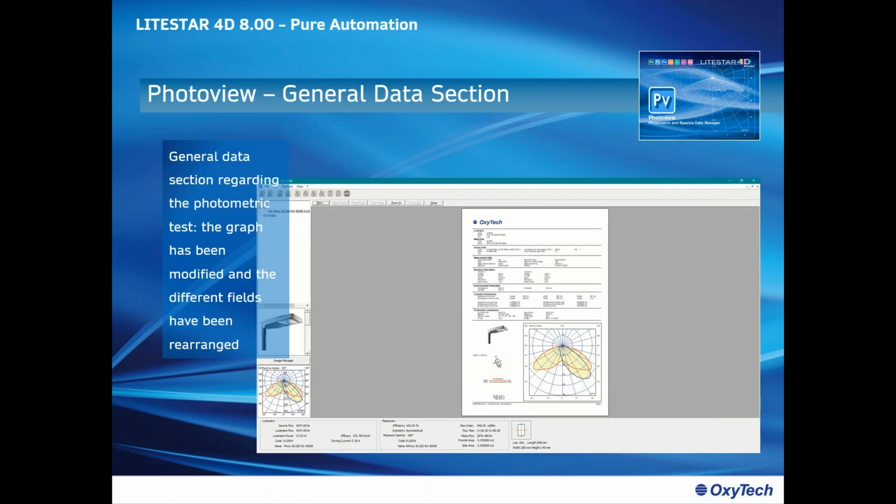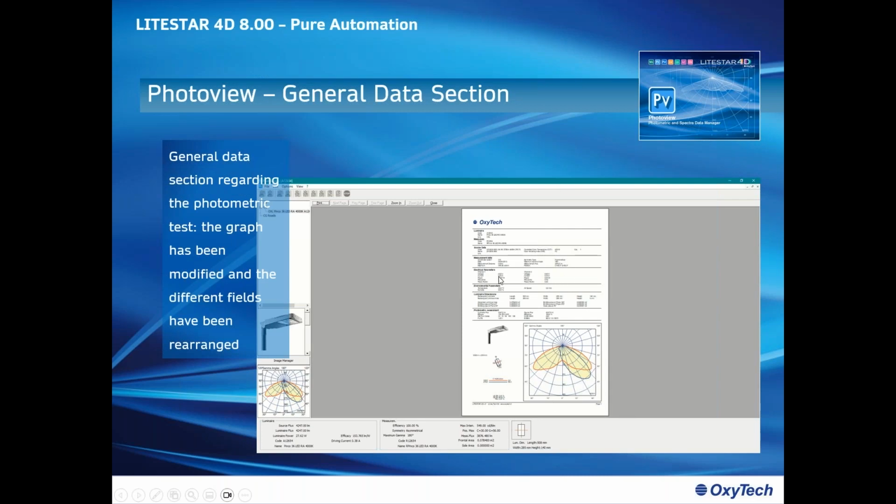Another modification, another change we introduced, is about the general data section. General data is summarizing the parameters measured at the laboratory. Before, it was not perfectly placed in order. Now we reorganized all the information and we packed it into this document.